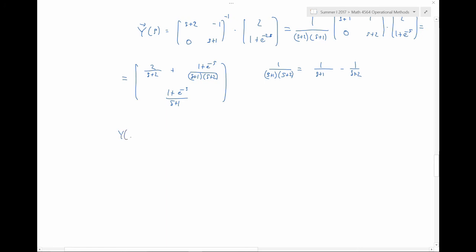Therefore, y of s can be written as 2 over s plus 2 minus 1 over s plus 2. So it's just 1 over s plus 2 plus 1 over s plus 1 plus e to the minus s multiplied by 1 over s plus 1 minus 1 over s plus 2. For the bottom we have just two fractions, 1 over s plus 1 plus e to the minus s over s plus 1. Inverting this is quite easy.